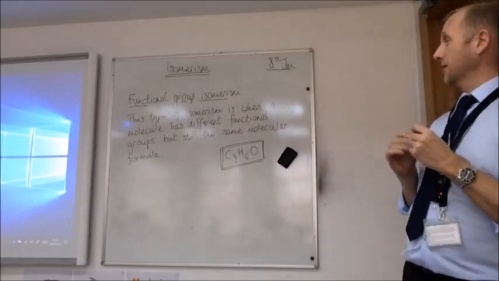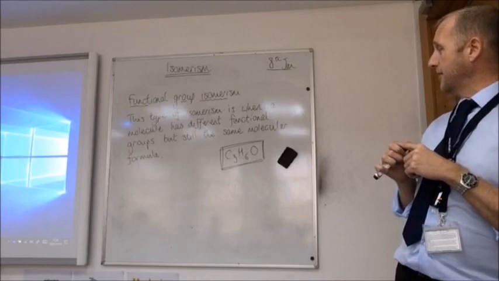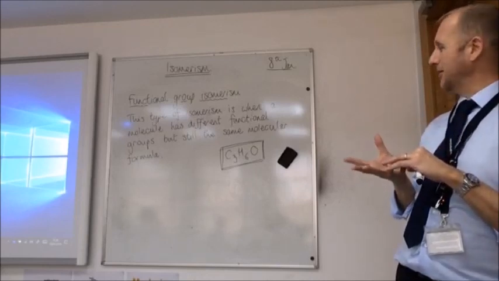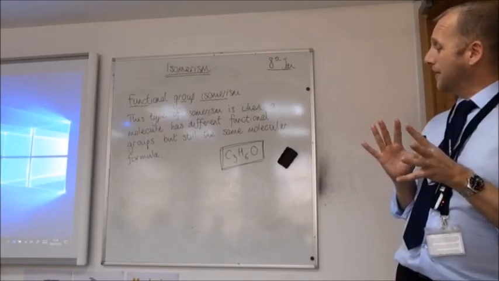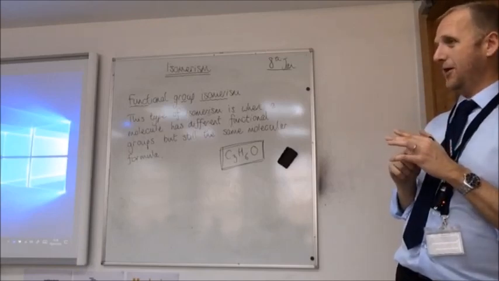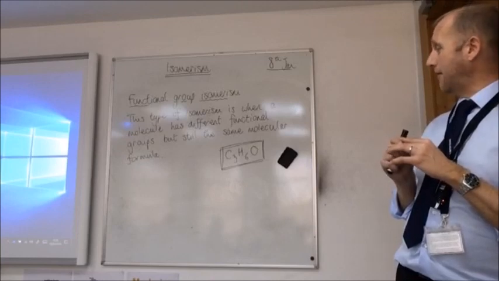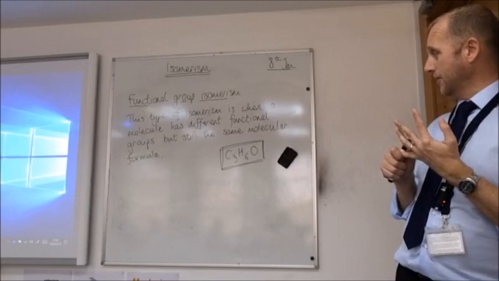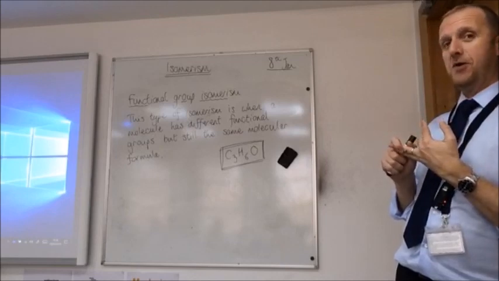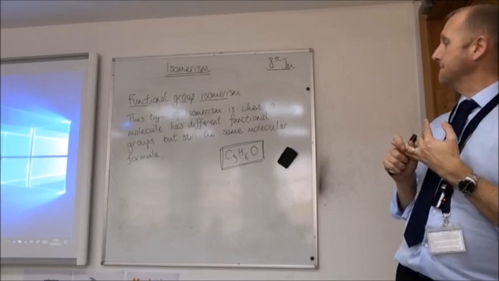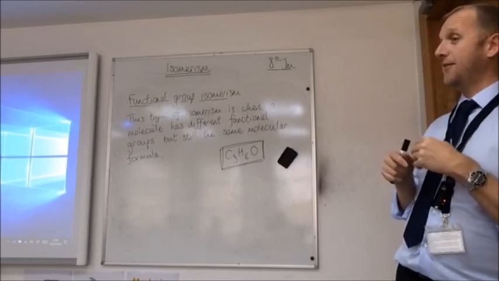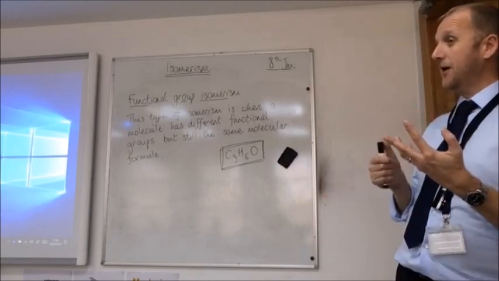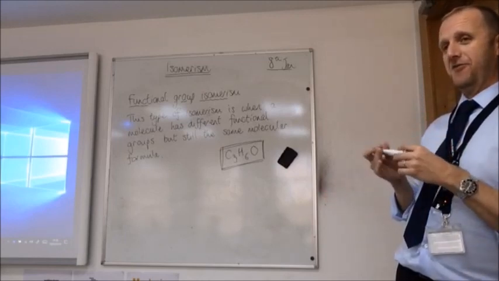I'm not going to make you build a model of this, okay, but there is a way to arrange this so you have actual different groups, but exactly the same molecular formula. Okay, what you have to think about is just remember that carbon needs to have 4 bonds. Okay, oxygen has to have 2 bonds. Okay, it is completely possible to have double bonds between the carbons. It is also completely possible to have a double bond from a carbon to an oxygen.